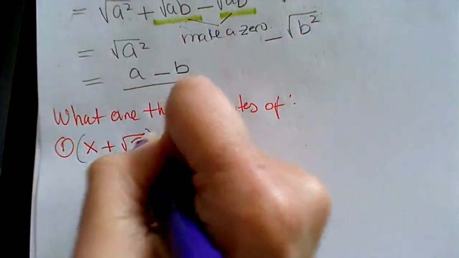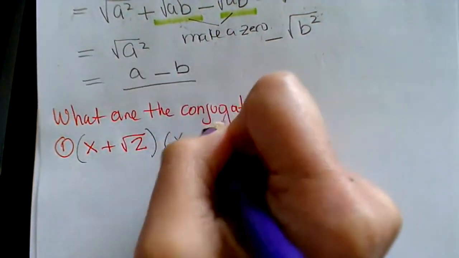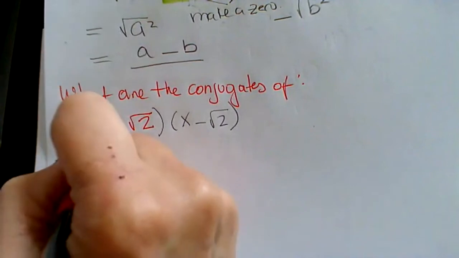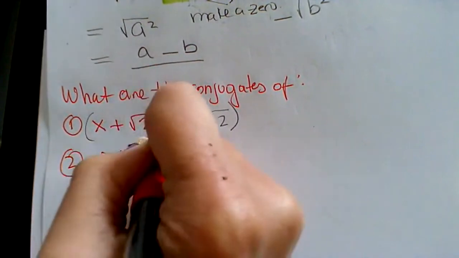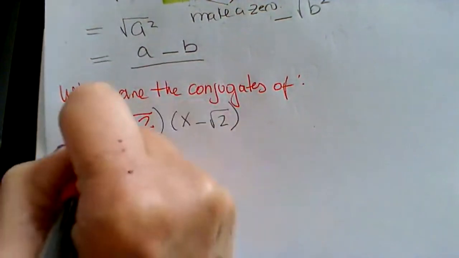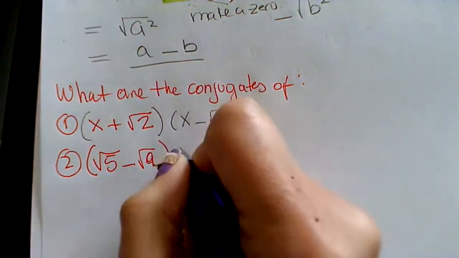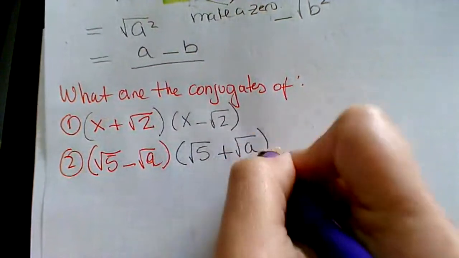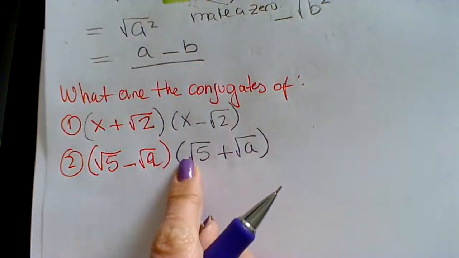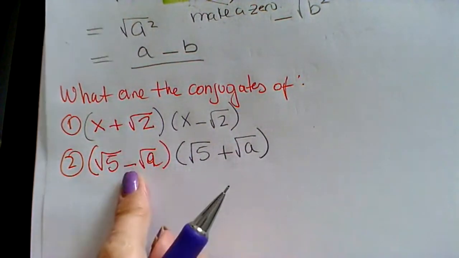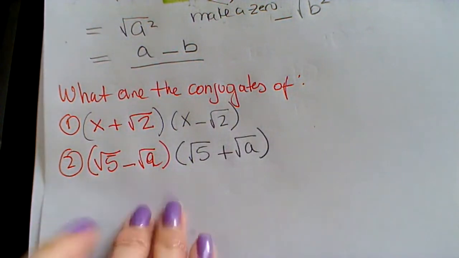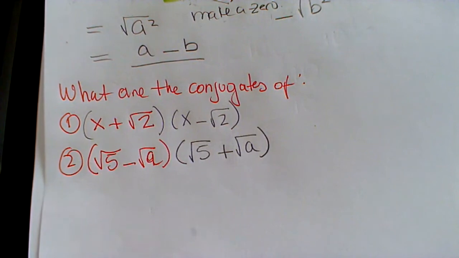Okay, the conjugate is going to be x minus the square root of 2. All right? And this is a. What would be the conjugate? The conjugate is going to be exactly the same, but opposite signs. That's what the conjugates are. Now, let's multiply them. Let's do that.